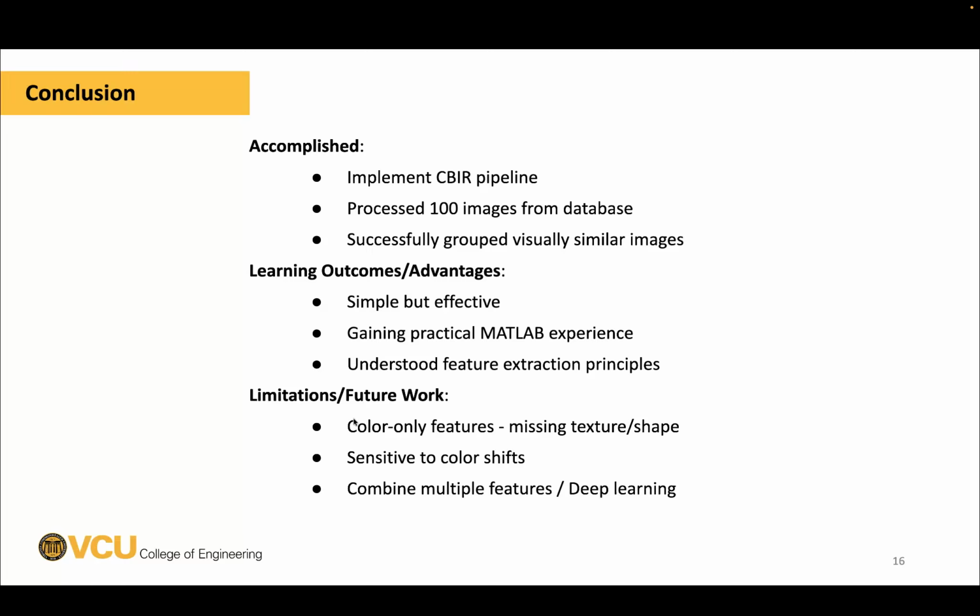And we also saw the limitation that color-only features miss out on the texture, shape, and other content of the images. And that leads to future work, possibly incorporating multiple feature types, implementing feedback from user interactions, or employing machine learning or deep learning features for better semantic understanding.